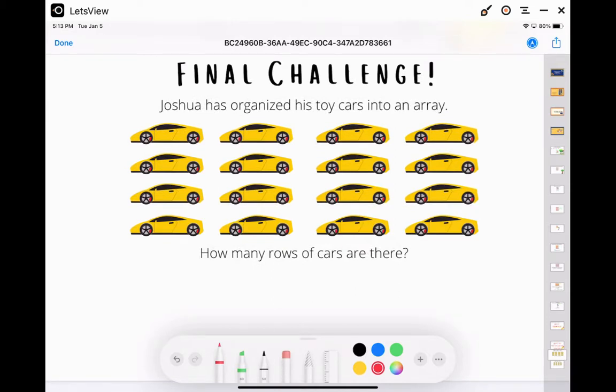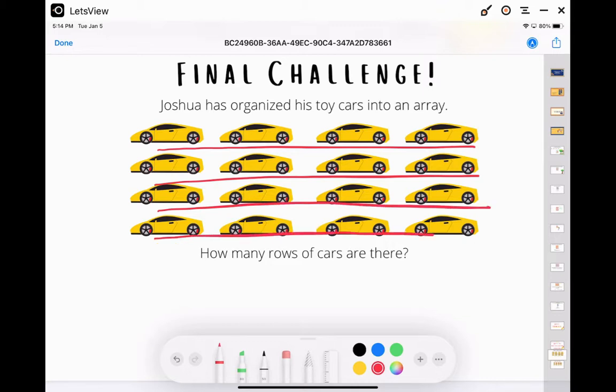All right. If I count my rows, there are 1, 2, 3, 4. There are 4 rows of cars.